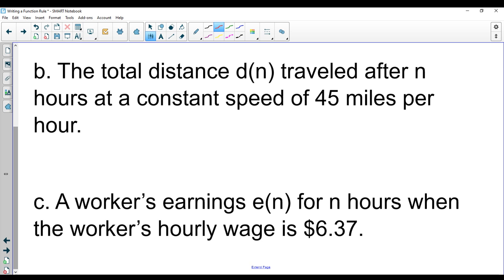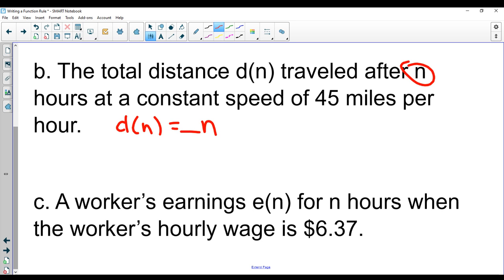All right, so the total distance, d of n, so I'm going to write that down, traveled after n hours at a constant speed of 45 miles per hour. So n is our variable, so I have to write that down. Now I need to put something in front of it. So it says a constant speed of 45 miles an hour.